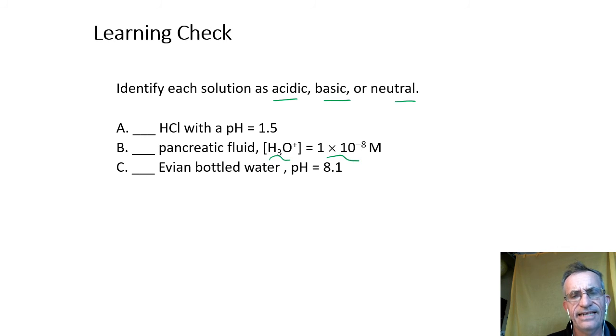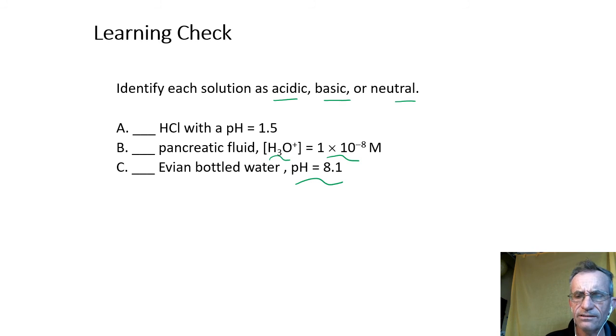What does that mean? Is that stuff in your pancreas acidic, basic, or neutral? Or what if you have Evian bottled water, that fancy bottled water from France? That's got a pH of 8.1 actually. Is that acidic, basic, or neutral?